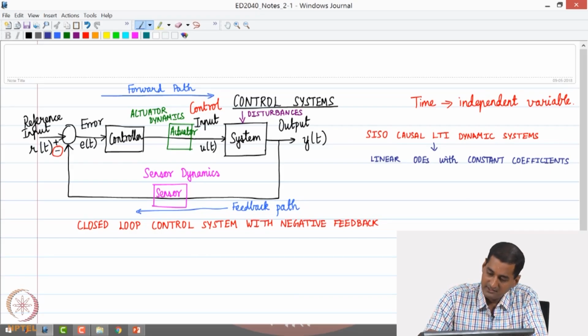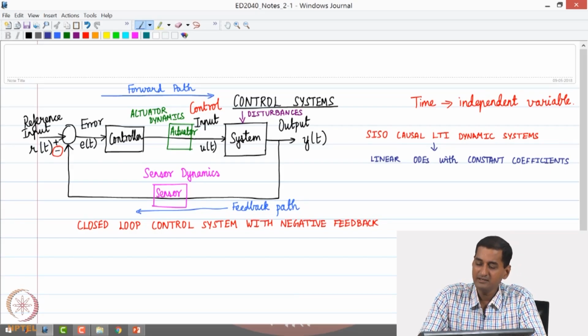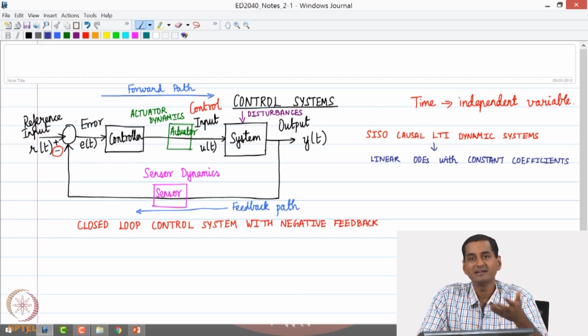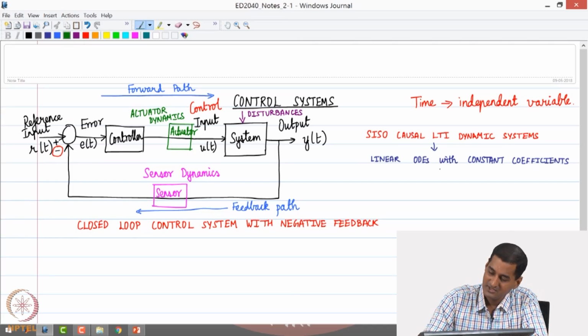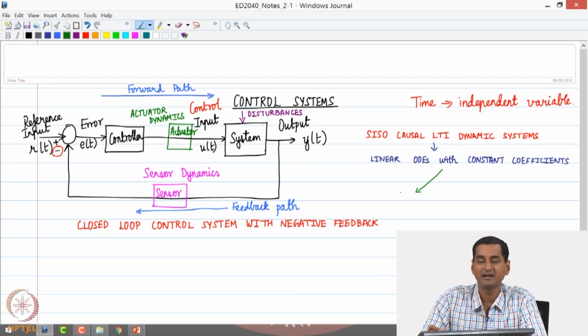So, depending on how one goes about analyzing these ODEs to study the system's response, one could have two representations of the mathematical model that characterizes this class of system.